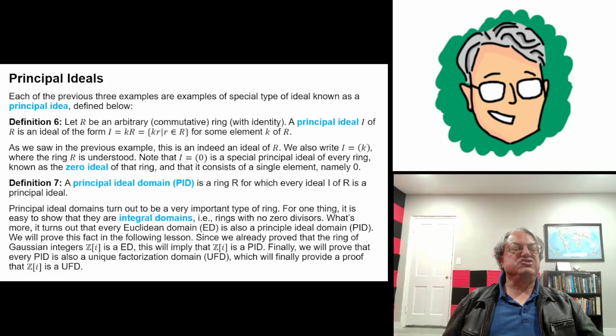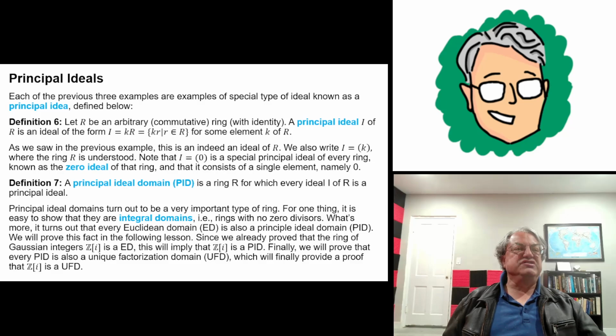Anyway, now I'm going to give one last definition here, namely, well, I guess two, but the first definition I'm going to give is a special type of ideal known as a principal ideal. And it turns out all the ideals I've shown so far are principal ideals. There are other ideals that aren't principal, and we'll look at some later in this course, but not today. But a principal ideal is just, the last example was the most general example of a principal ideal.